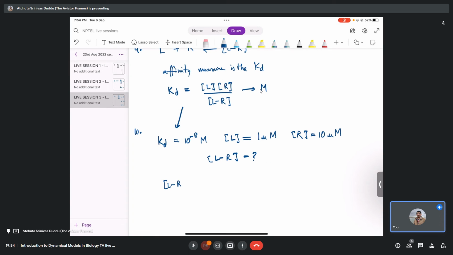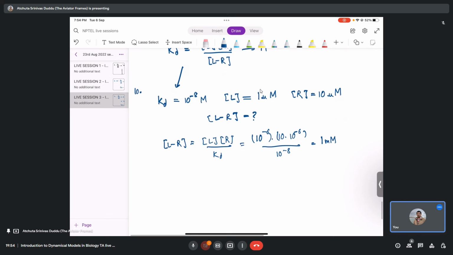So we have LR equal to L times R by KD. So we have 10 power minus 6 times 10 power minus 6 by 10 power minus 8. That would be 1 millimolar, right? So that would be the concentration of the ligand receptor complex.